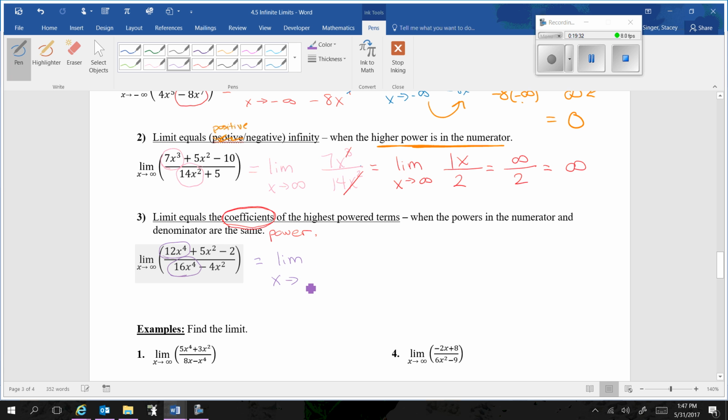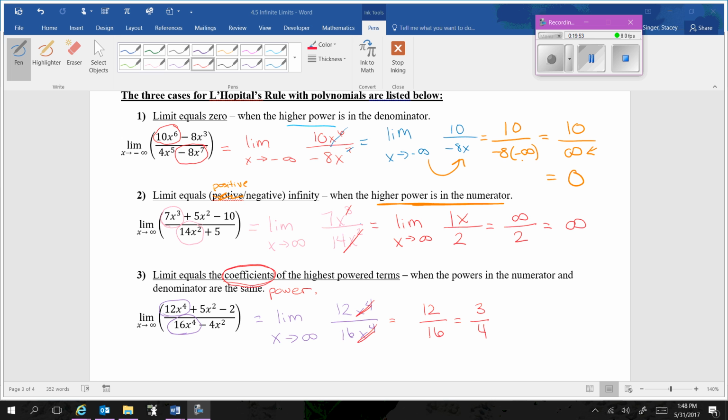So if I evaluate that as x approaches infinity, 12x to the 4th divided by 16x to the 4th. Guess what? The x to the 4th cancel out. So I'd get 12 over 16, because I have no x's to plug infinity into, which reduces to 3/4. So you end up with those three cases. If the limit equals 0, if the limit equals positive or negative infinity, and if the limit equals the coefficients.